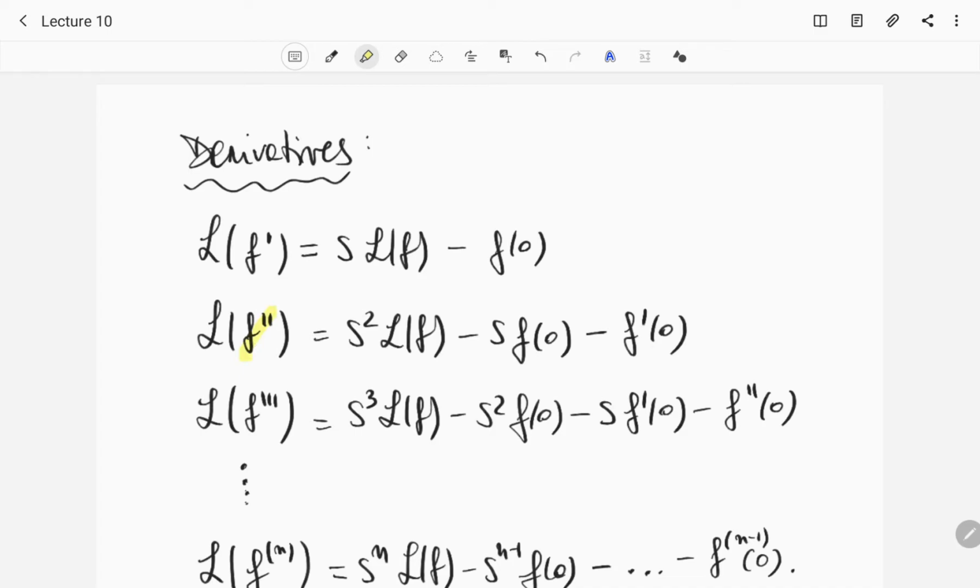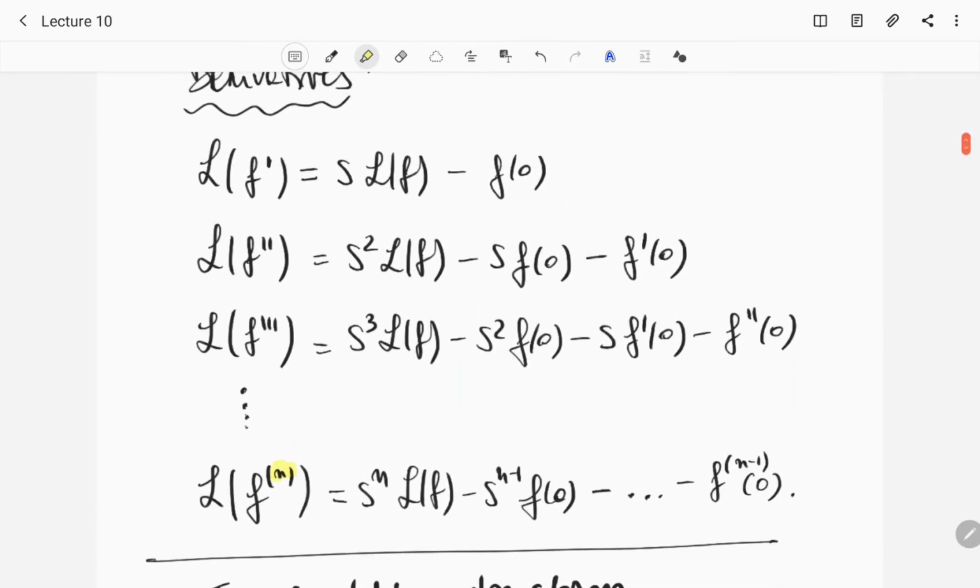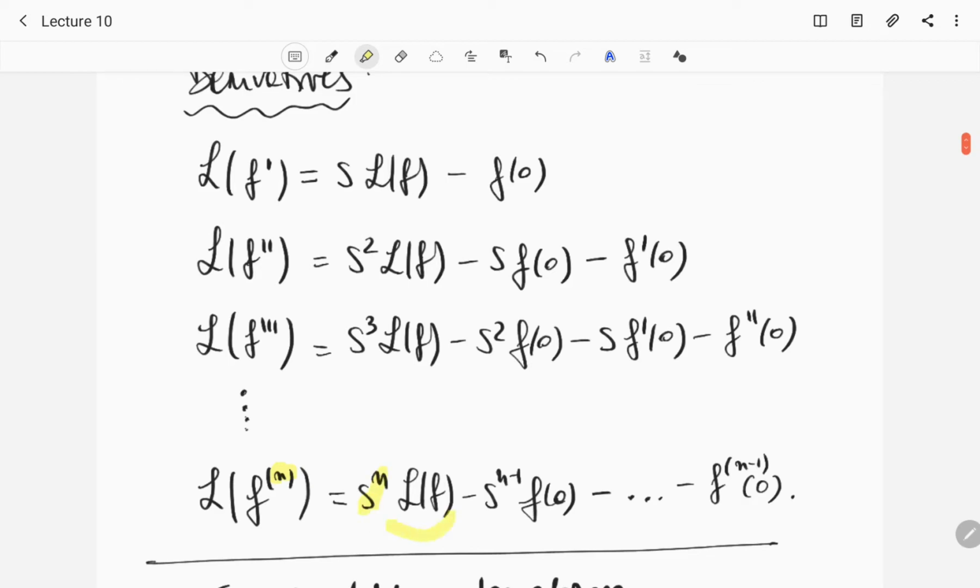For the second derivative, we get s squared times the Laplace transform of f and this polynomial of order 1, which goes like one derivative before. For the third, we have s to the power 3 times the Laplace transform of f, and this quadratic polynomial here. And for any n, we have s to the power n times the Laplace transform, and this polynomial here.